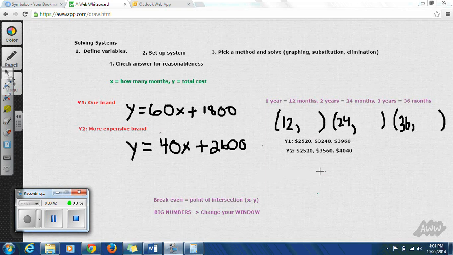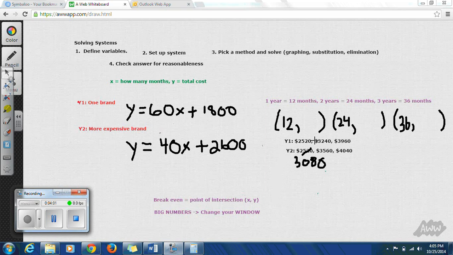So when you look these things up in your calculator's table, you'll see that at 1 year, one brand is 2520. Oops, I made a mistake here. I just noticed that I typed in the wrong numbers there.